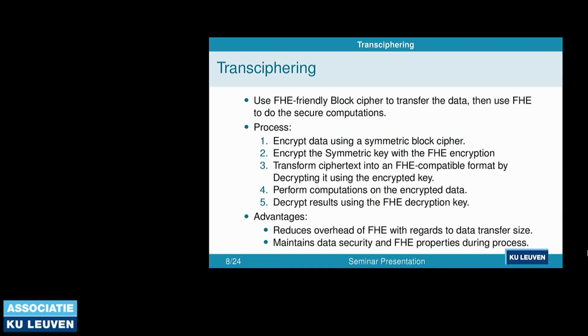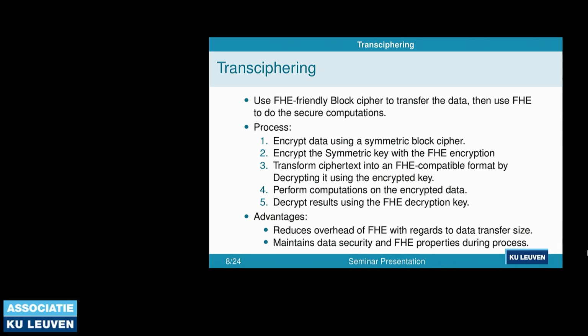And then at the server side, which we will get to in a bit, we will transform the ciphertext into an FHE-compatible format by decrypting the block-encrypted data into FHE-encrypted data using the encrypted symmetric key, which is a very difficult sentence to get out. And then we can use it as we always did, because from that point on, it's the same as FHE-encrypted data, and then we will see what we can do with that with regards to a privacy-preserving system.